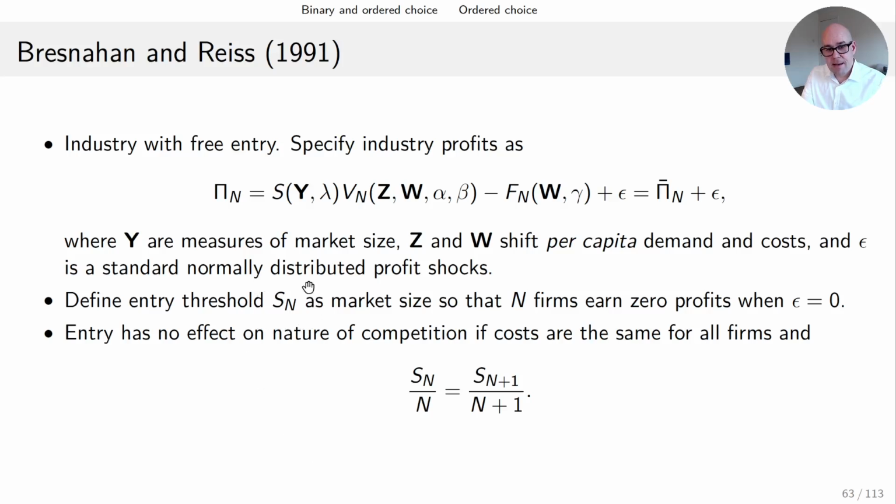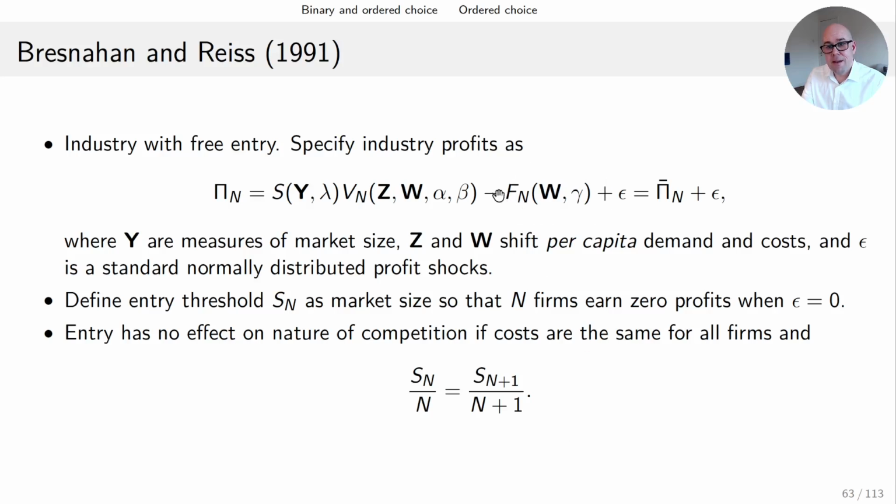Okay, taking this Sn as an object that is kind of interesting, what we can show is that entry has no effect on the nature of competition if the costs are the same for all firms.